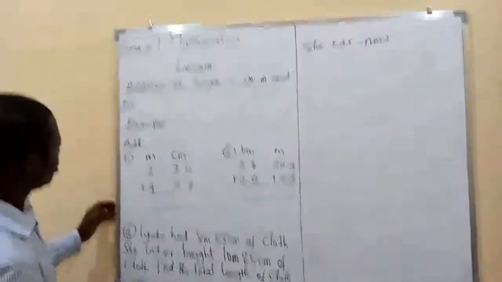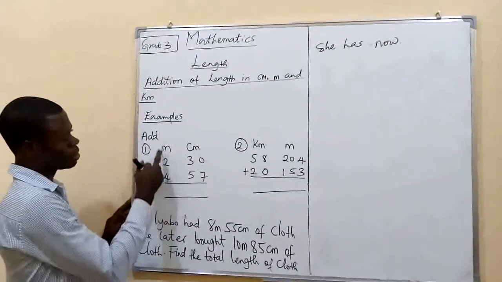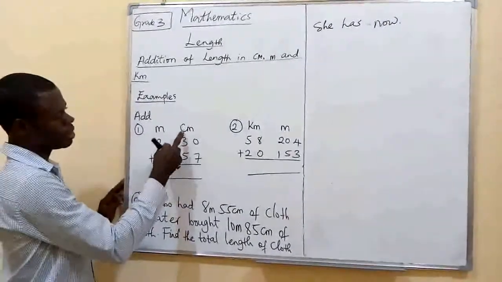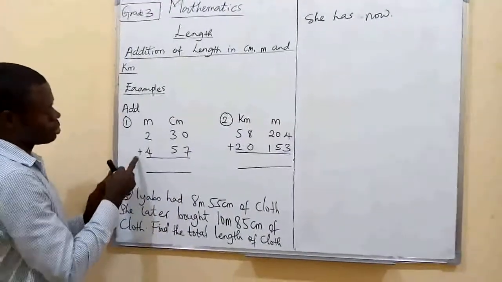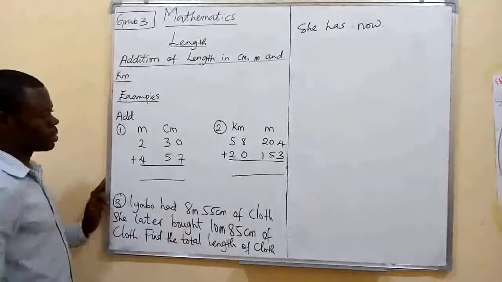Number 1, we have: add 2 meters 30 centimeters plus 4 meters 57 centimeters.